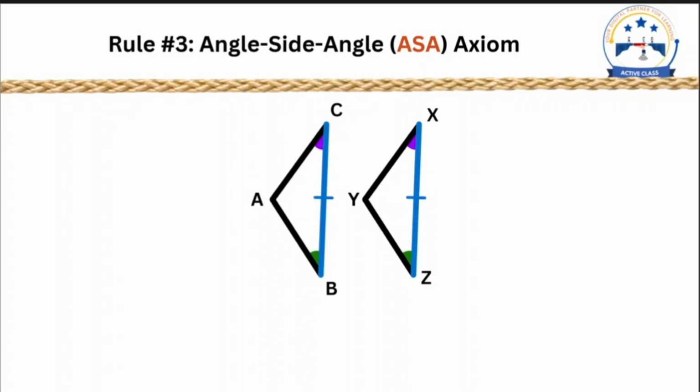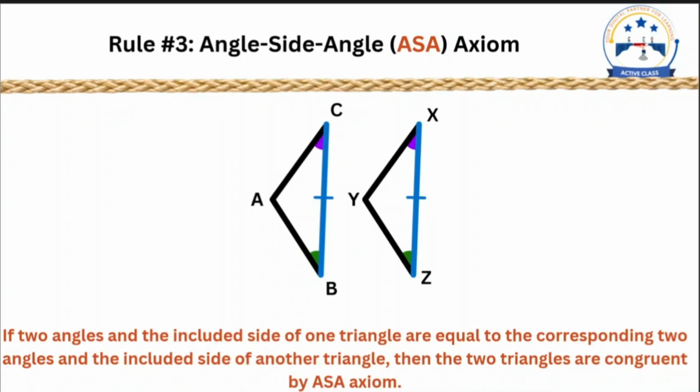If so, can you guess what this axiom states? Very good. If two angles and the included side of one triangle are equal to the corresponding two angles and the included side of another triangle, then the two triangles are congruent by ASA axiom.